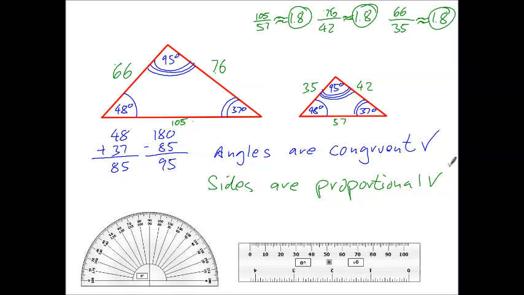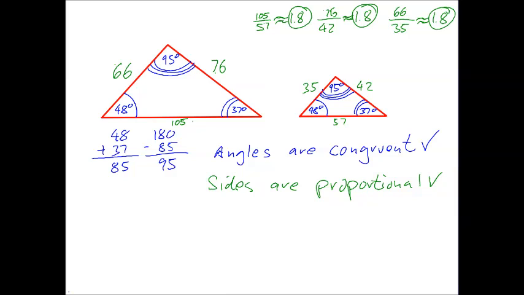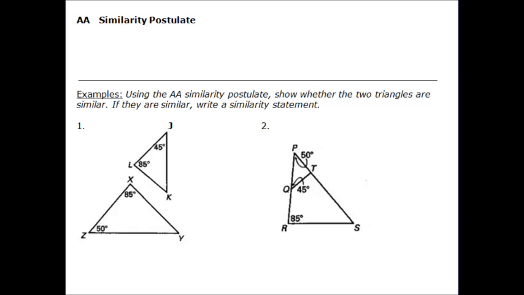But are there any shortcuts that we can use to find out the same thing? Now let's see. The AA similarity postulate, and AA, as you probably will realize, stands for angle-angle.